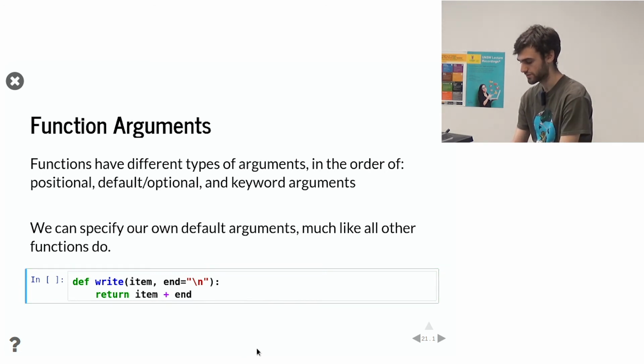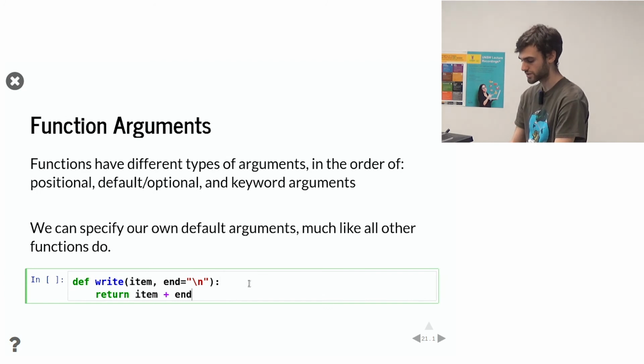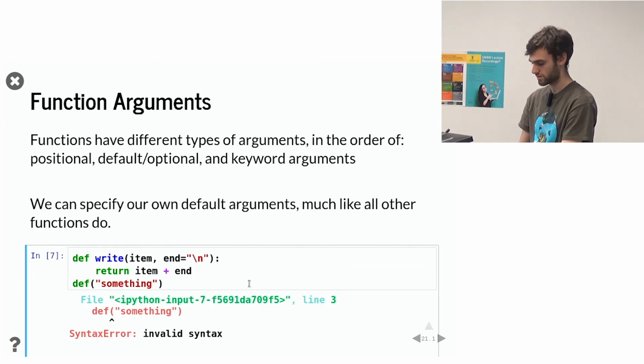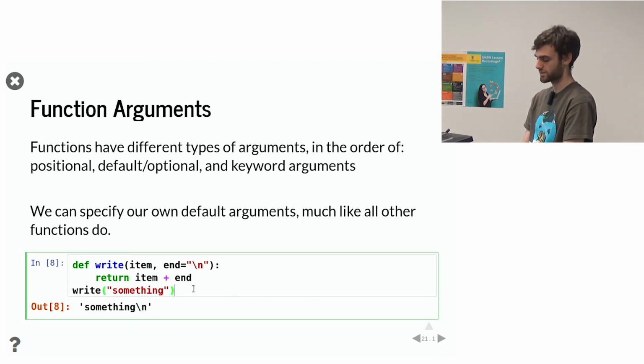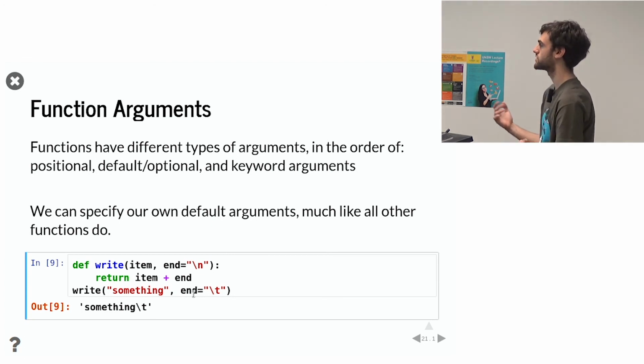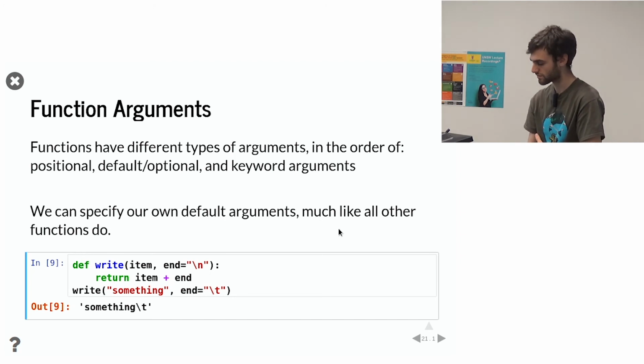So now we can call this function with something, and then it returns something like this. But then we can pass in what the end should be, and then it returns that as well. So this is useful, like when you use print, this happens.